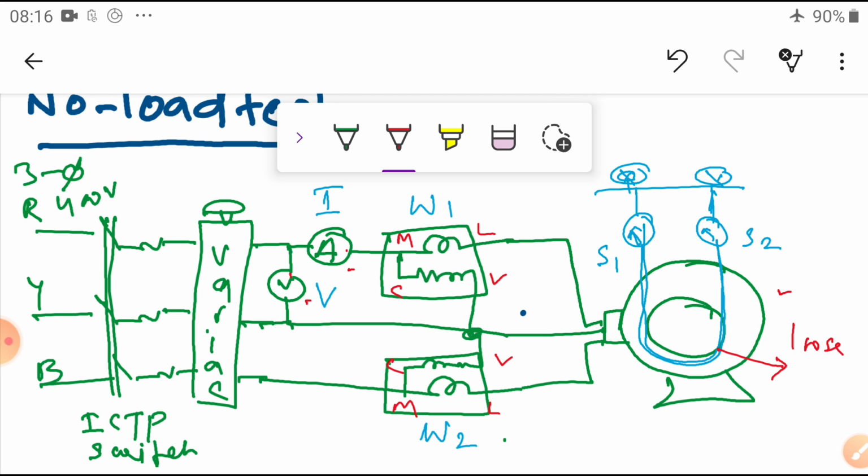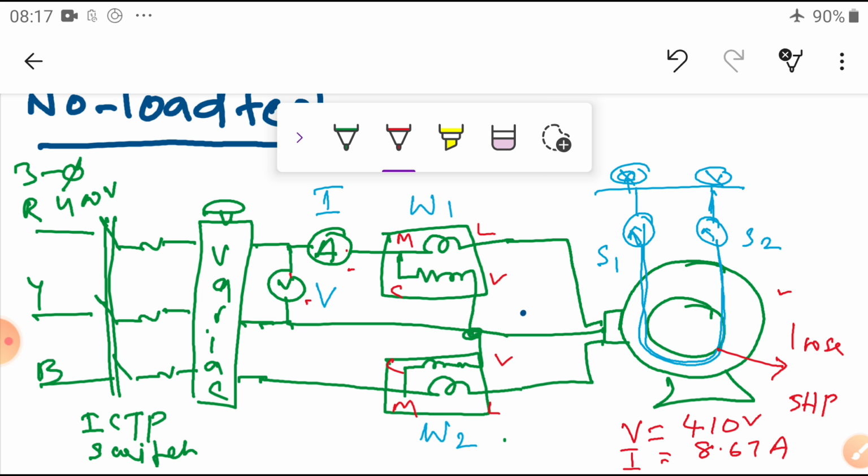Suppose the voltage of this motor is 410 volts, 3-phase supply, and the current is, for example, 8.67 amperes, it may be 5 HP. Let us assume that the rated voltage is 410 volts and the rated current is 8.67 amperes. These are the given nameplate values for a 3-phase 5 HP squirrel cage induction motor.